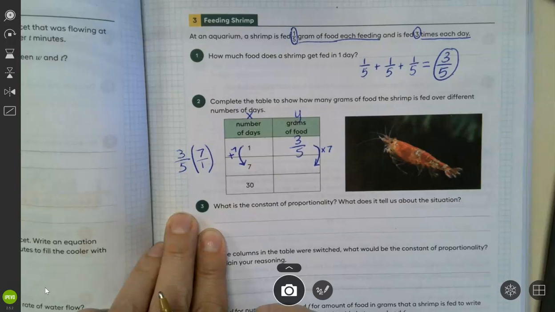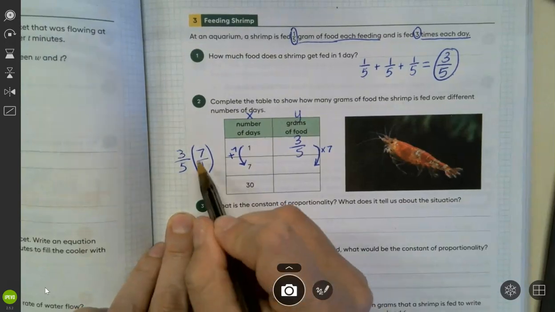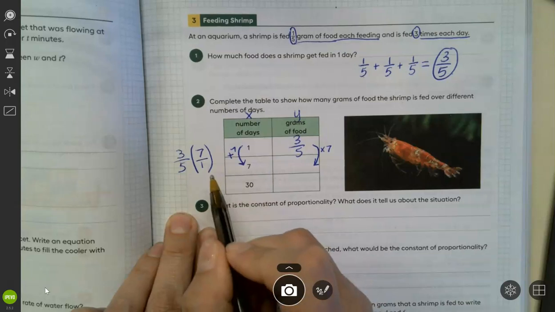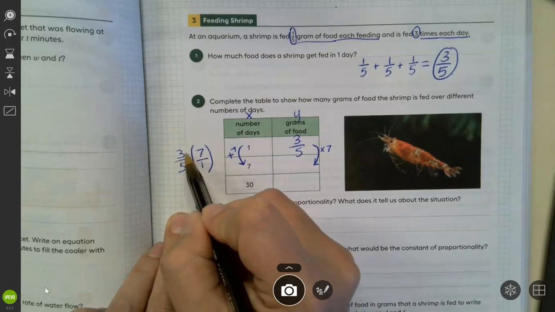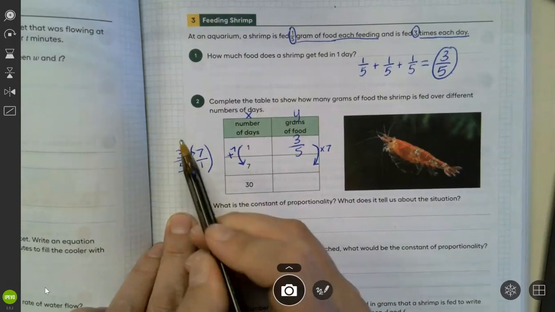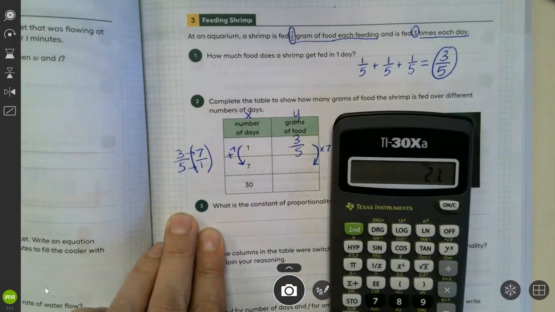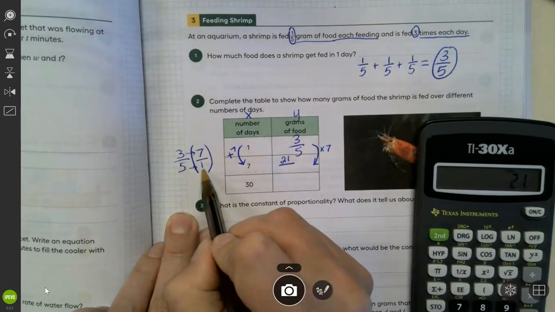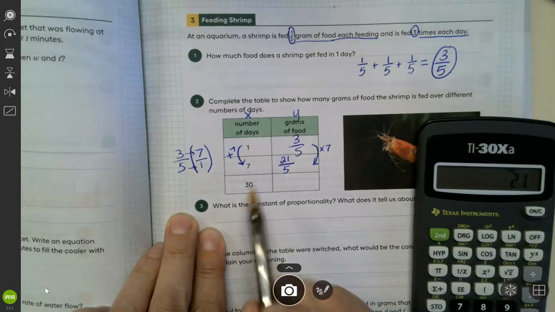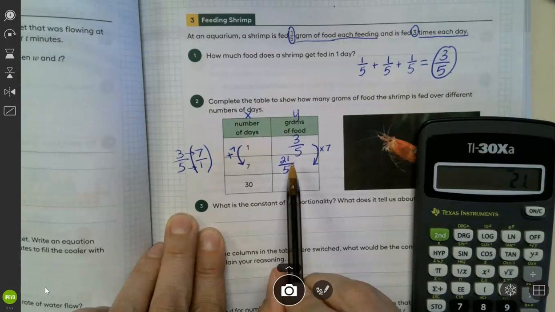So I can change the whole number 7 into a fraction by putting it over 1. Now, if you remember when we multiplied fractions, we just need to multiply across the top and then multiply across the bottom. 3 times 7, 21, over 5 times 1, which is 5. So a shrimp will get fed, every 7 days, 21/5 grams of food.